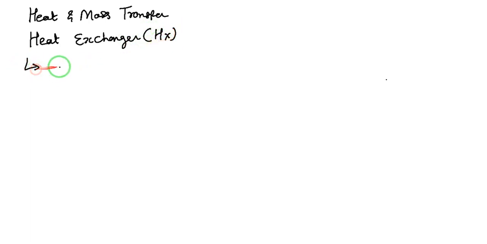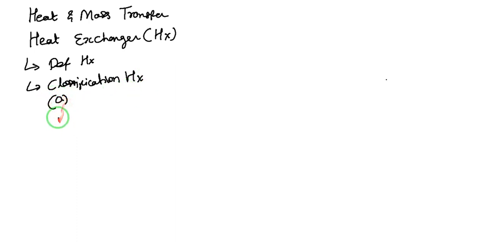Last class we saw the definition of heat exchanger and the classification of heat exchanger. In classification we saw three types of how the heat exchanger is classified. First is based on the direction of fluid flow.